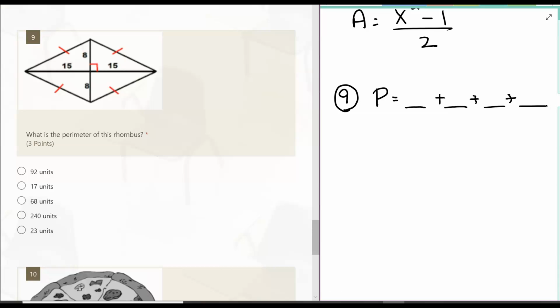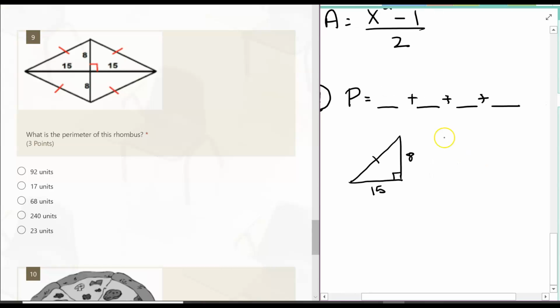So in order to find the sides, I can use the pieces of these diagonals. If I look at one of these triangles, it does remind us that the rhombus's diagonals are perpendicular. So I have a side of 8, I have a side of 15, and I can use that in the Pythagorean theorem to find the hypotenuse, which is the side of the rhombus.